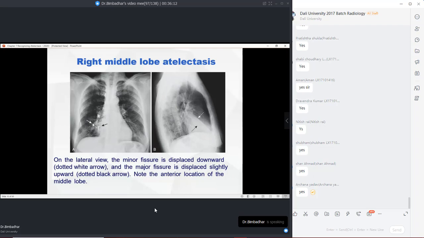First, I have to look for any kind of deviation in the mobile structures. So for the right middle lobe, what is the mobile structure present here? According to the movement of the right middle lobe, what are the structures that are going to move along with it? Pulmonary vessels and bronchi, right? So what is the bronchus that is supplying the right middle lobe?